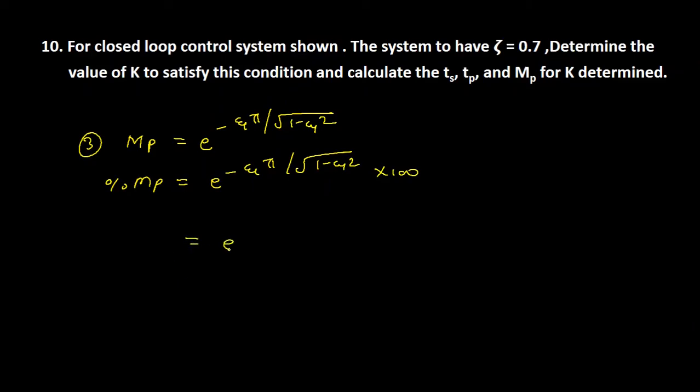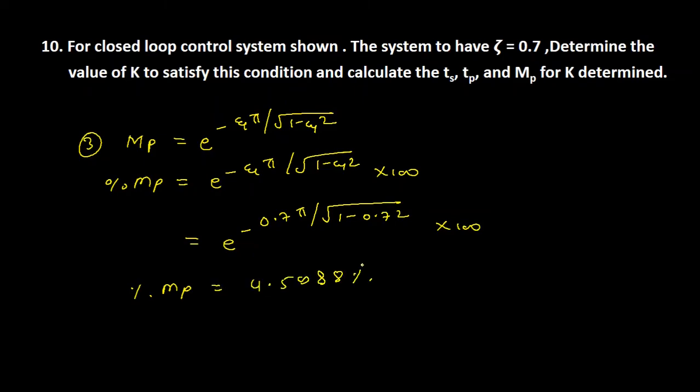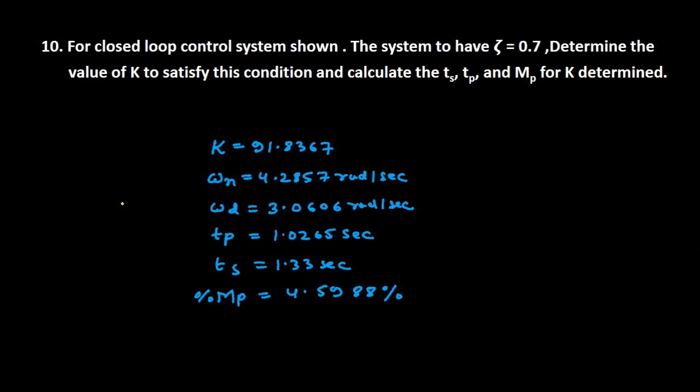Now we put the value of zeta here, we'll get e to the power minus 0.7 pi divided by under root 1 minus 0.7 square into 100. When we solve this, percentage maximum overshoot MP will be equal to 4.5988 percent. So these are the values of parameters we are getting.